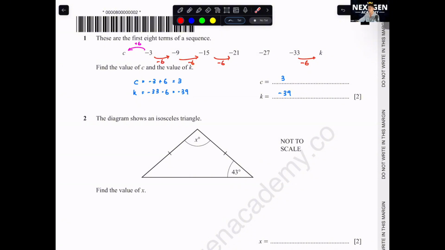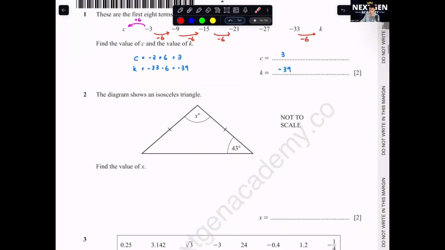Technically can, but my suggestion is you try your best to always show working, so that at least if your final answer is wrong, your working sometimes may give you some marks also. In the mark scheme, actually, they will just give you 1 mark each for the final answer, so you actually don't need working. But my suggestion is always write down the working. It's also for you to check back later on. Sometimes in exams, all these simple questions, I myself also make some mistakes, so you should double check your questions.